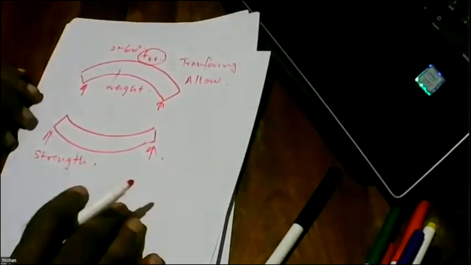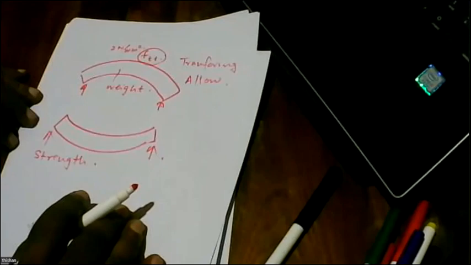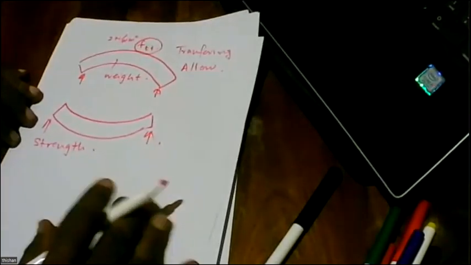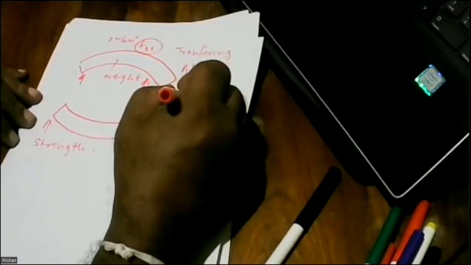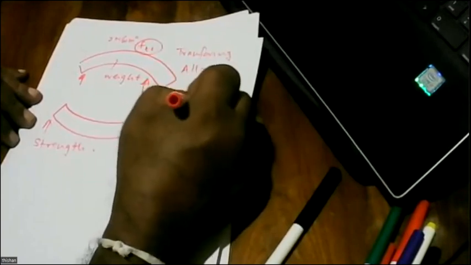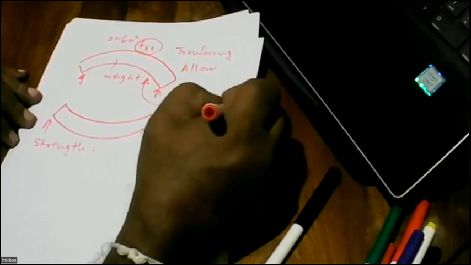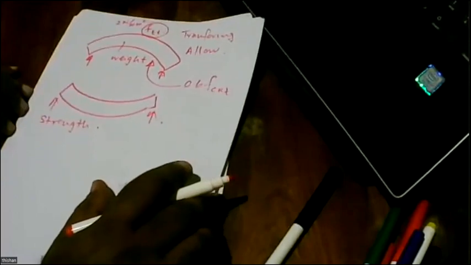Generally 2 to 2.5 newtons per millimeter squared. And here the maximum stress is 0.6 times whatever the concrete strength at transfer.